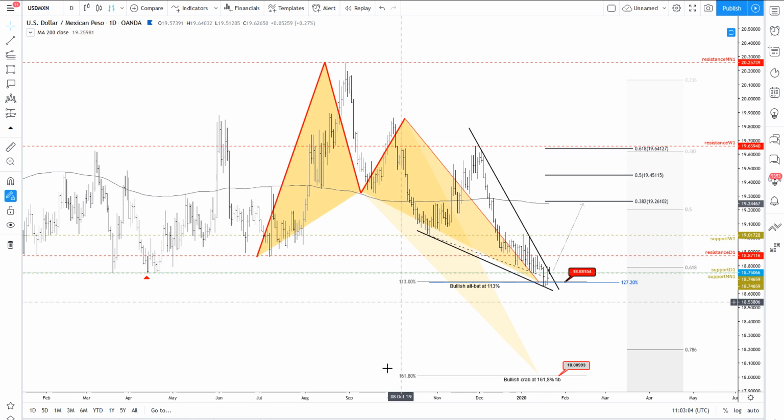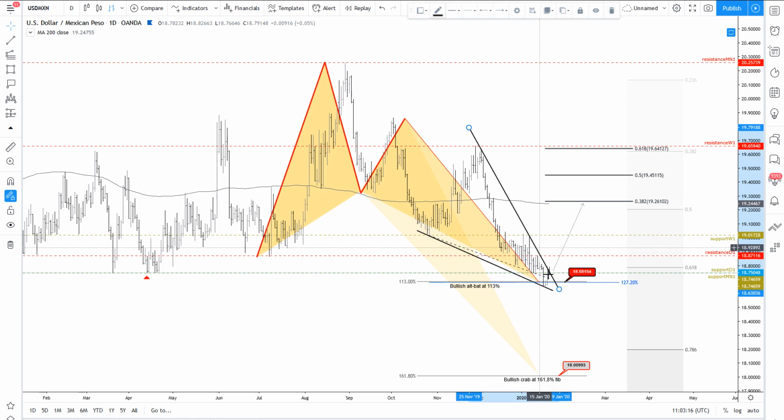So that being said, now we are facing this bullish pattern for Mexican peso, and let's wait and see. And we are now threatening the breakout of this trendline resistance. I'm waiting nothing more than a 38% fib.